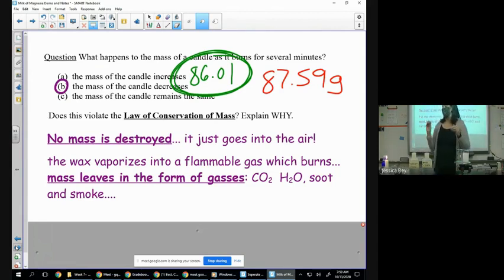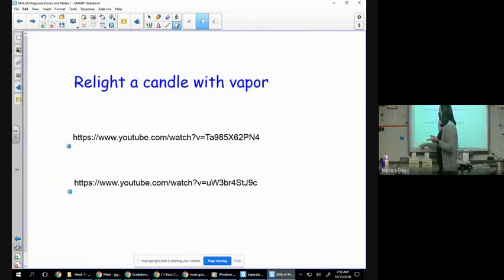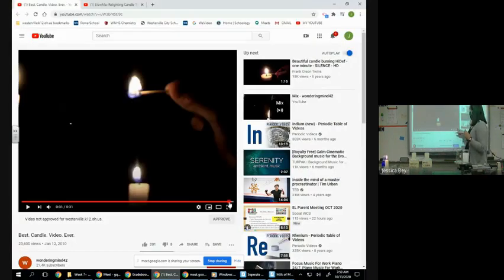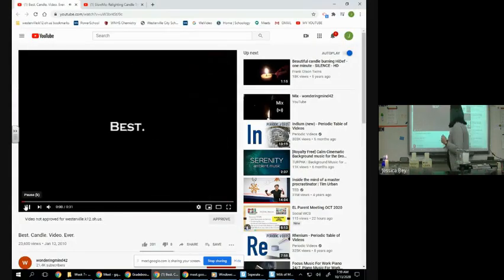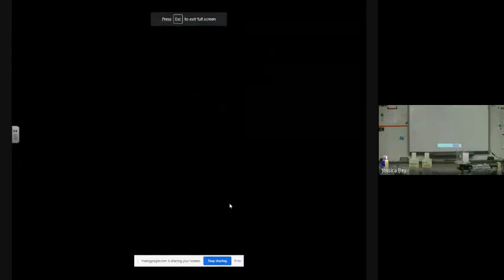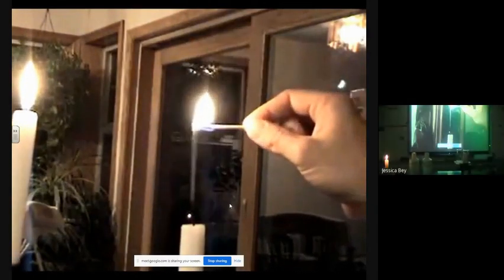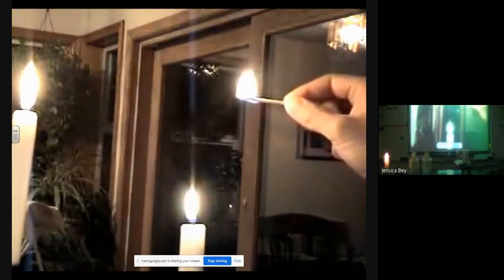Okay. Perfect. Very good. Now, usually I would give you guys some candles and let you play with this, but it's a pretty cool trick. You can do it at home. You can relight a candle from a very far distance because of all that vapor that you lose. Wonderful.